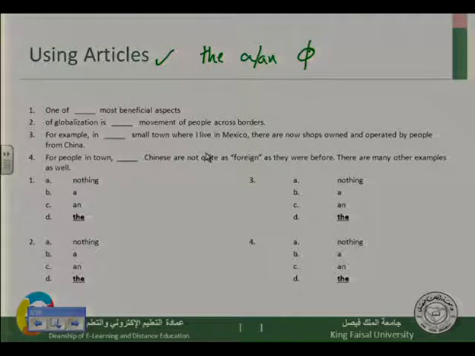So what would be a good filler for the space from the articles, either no article, or a, or an, or the? Which one? Of course, here you have the answer. I already chose it for you, which is the. So one of the most beneficial aspects.